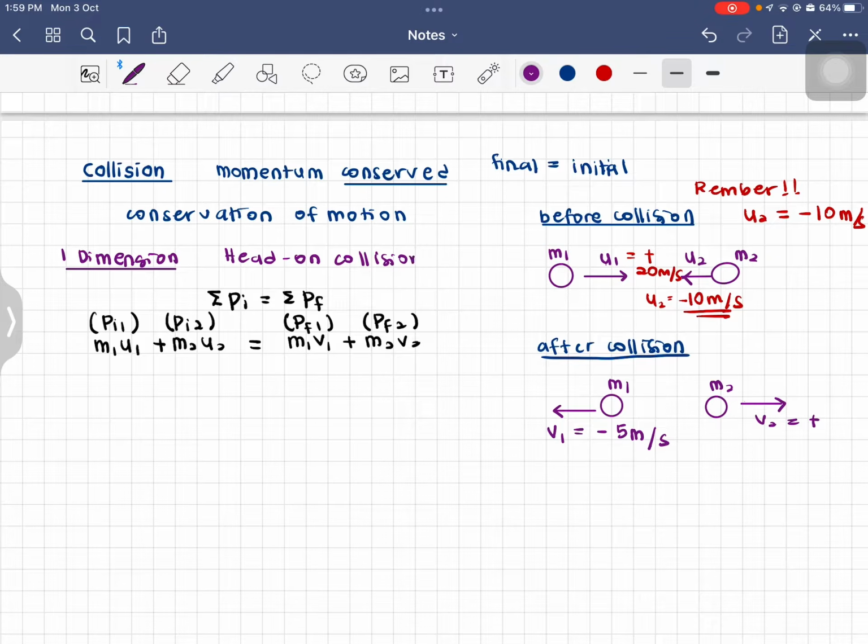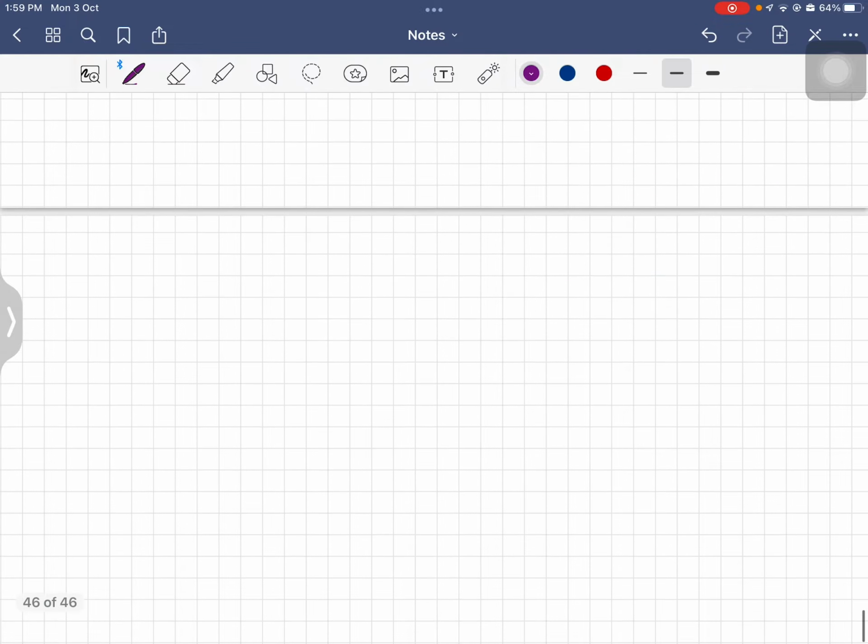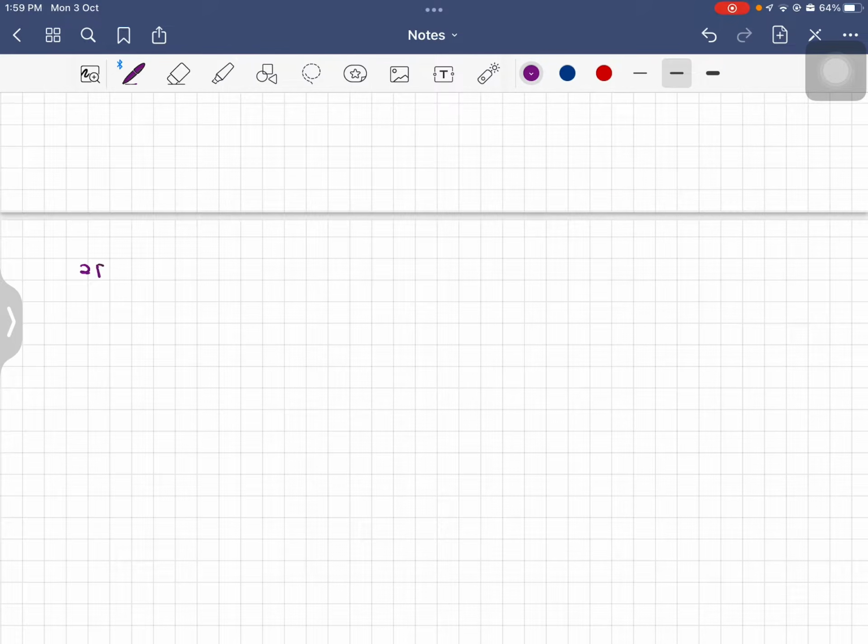Alright. Then, kita ada 2D collision. 2D collision yang ini biasanya dipanggil sebagai glancing collision. For this one, it still hold the same thing.